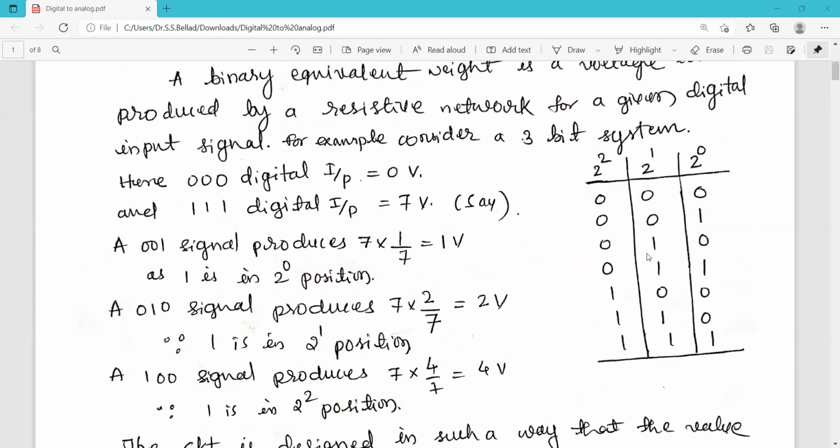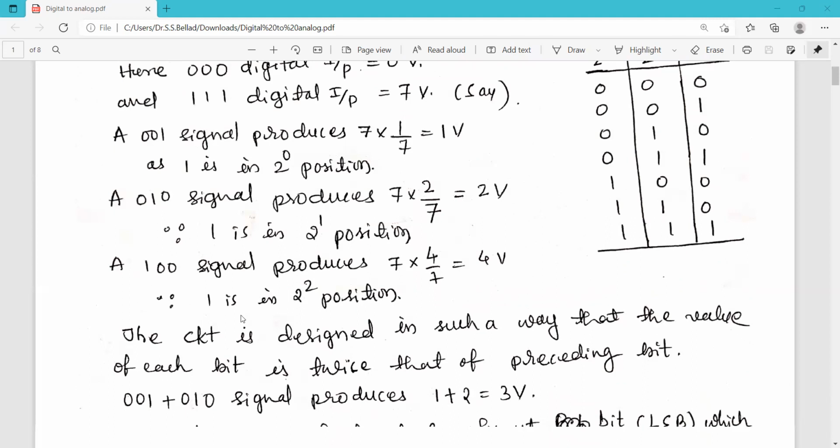This is also shown here. This 001 signal has a binary equivalent weight of 1 by 7. This 1 by 7 is the LSB, because this 1 is in the 2 raised to 0 position, the LSB position.